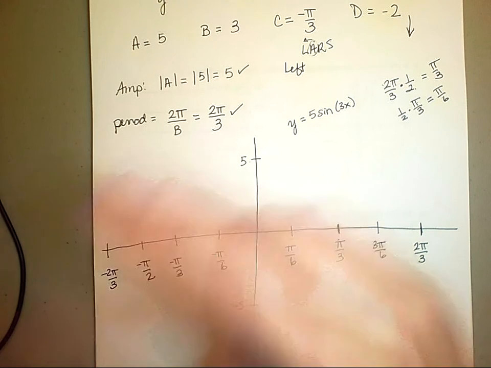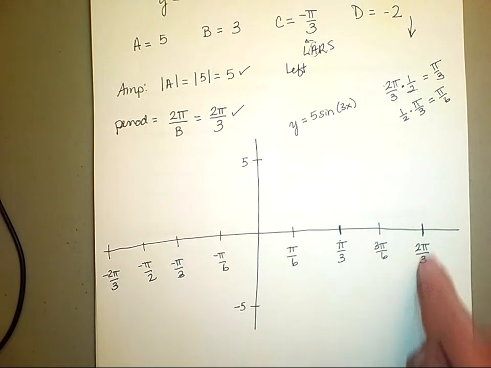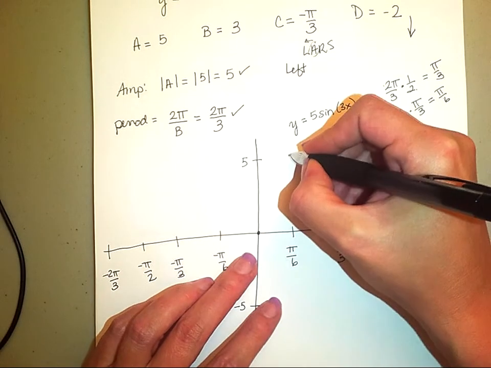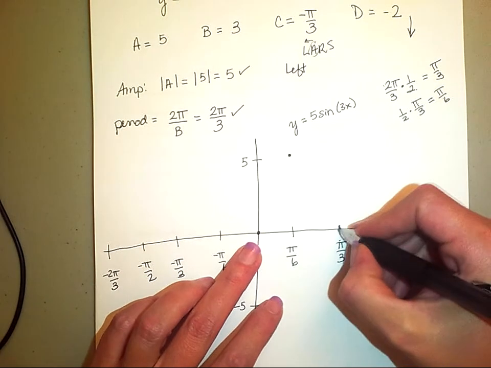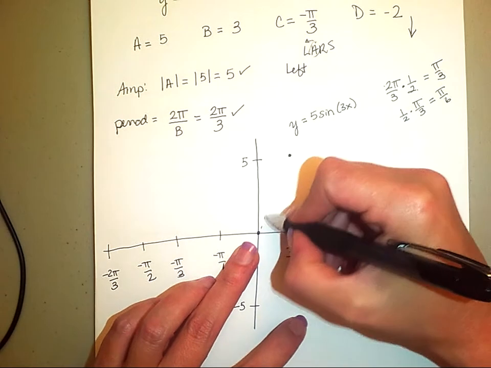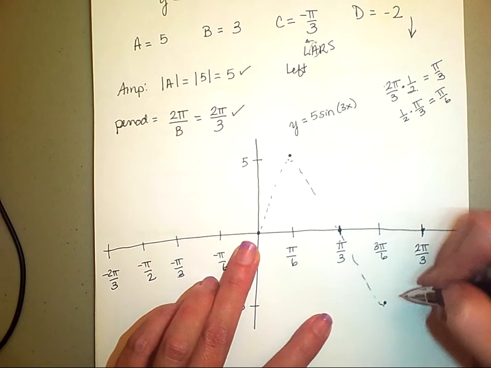Okay, that would set us up, and then we would just go sine, top, middle, bottom. Let's dash in what one cycle of that might look like. Starts at 0, middle 0. So this would be 5 times the sine of 3x.